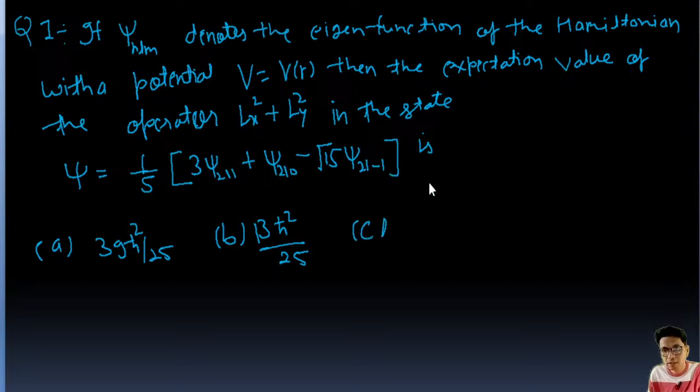Option C is 2 h cut square, and option D is 26 h cut square upon 25.